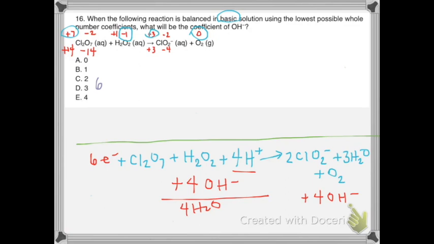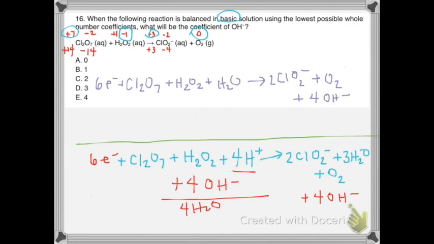We'll have 6 electrons plus Cl2O7 plus H2O2 plus water, forming 2ClO2 minus plus O2 plus 4 OH minus.